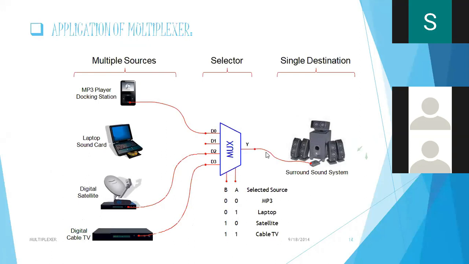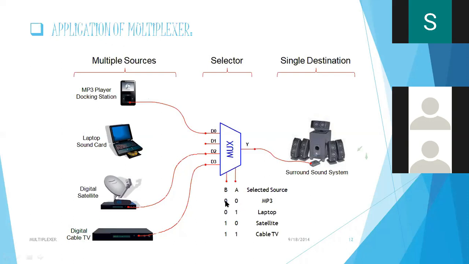So here there are multiple sources, and the surround sound system is the output destination. Multiple sources, either MP3, or through laptop, or digital satellite, or digital cable TV. So these two are the selection lines.